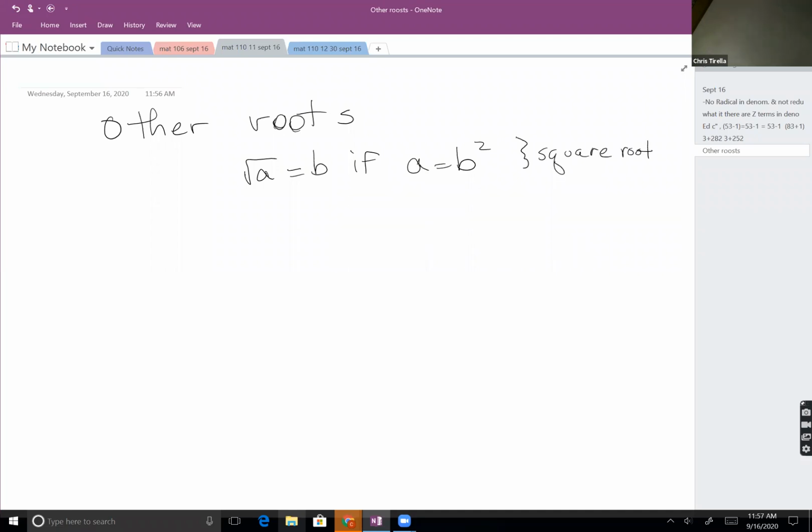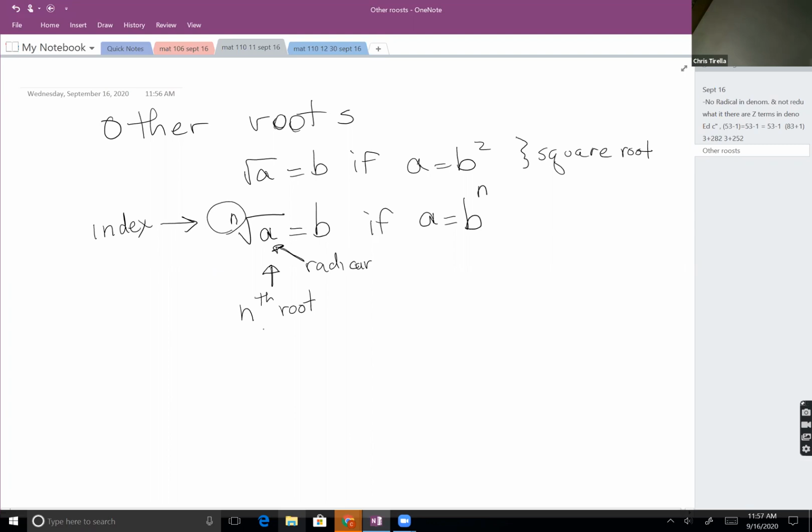If I have another root, we'll say that the nth root of a is equal to b if a is equal to b to the n. This is referred to as the nth root. The n is the index. The a is the radicand. And I apologize, the b is what we referred to as the nth root.